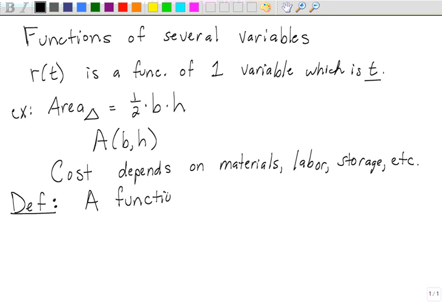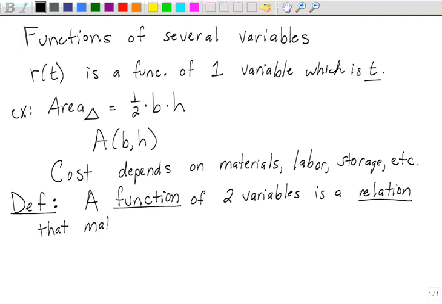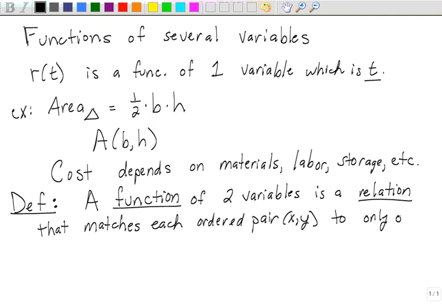A function of two variables is a relation that matches or pairs each ordered pair (x, y), and these are real numbers, to only one real number.